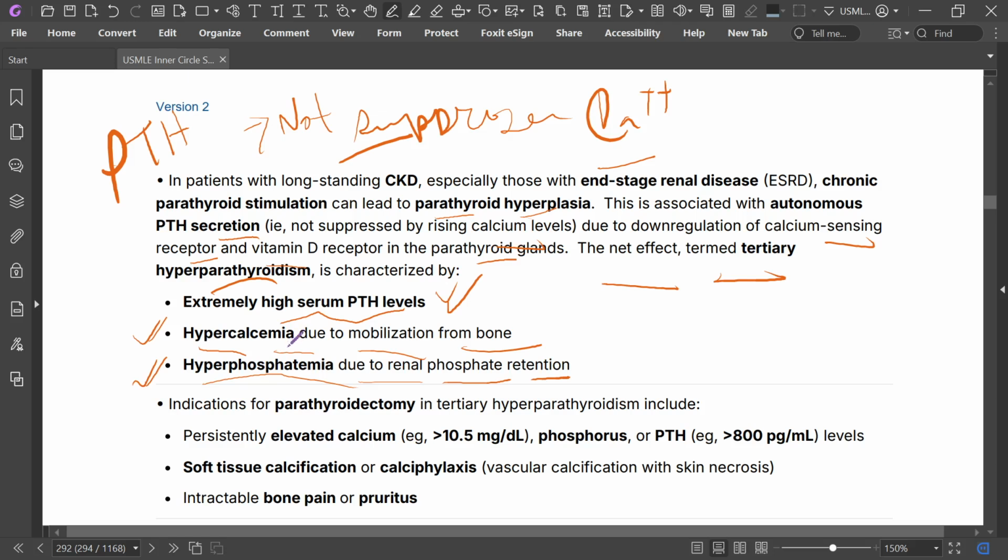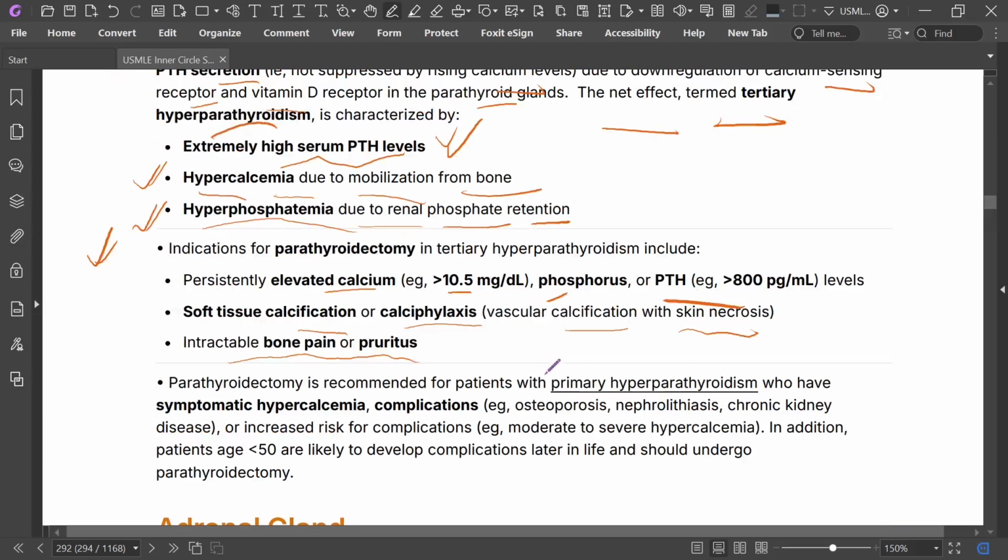Parathyroidectomy is indicated in tertiary hyperparathyroidism if there is persistently elevated calcium more than 10.5 milligram per dl, phosphorus and PTH more than 800, soft tissue calcification, calciphylaxis, vascular calcification with skin necrosis, intractable bone pain and pruritus.